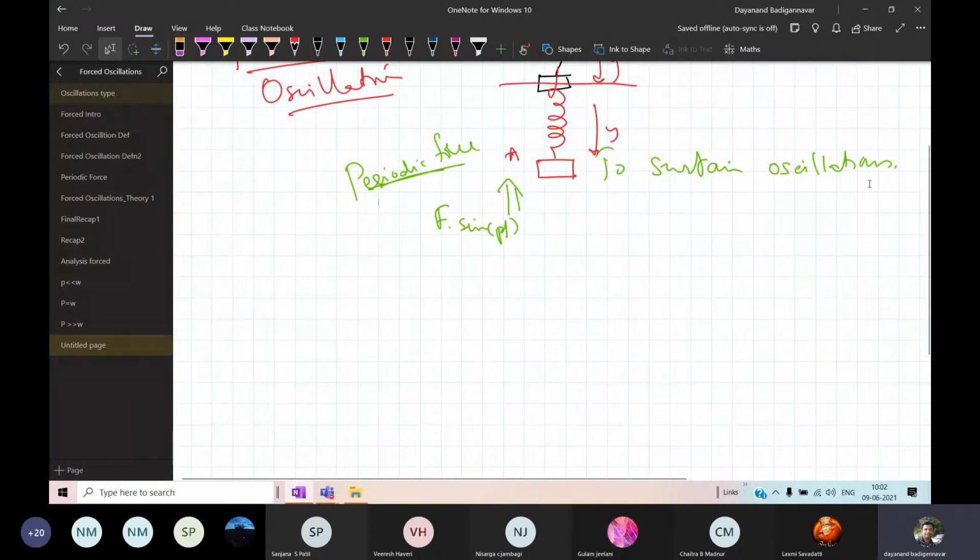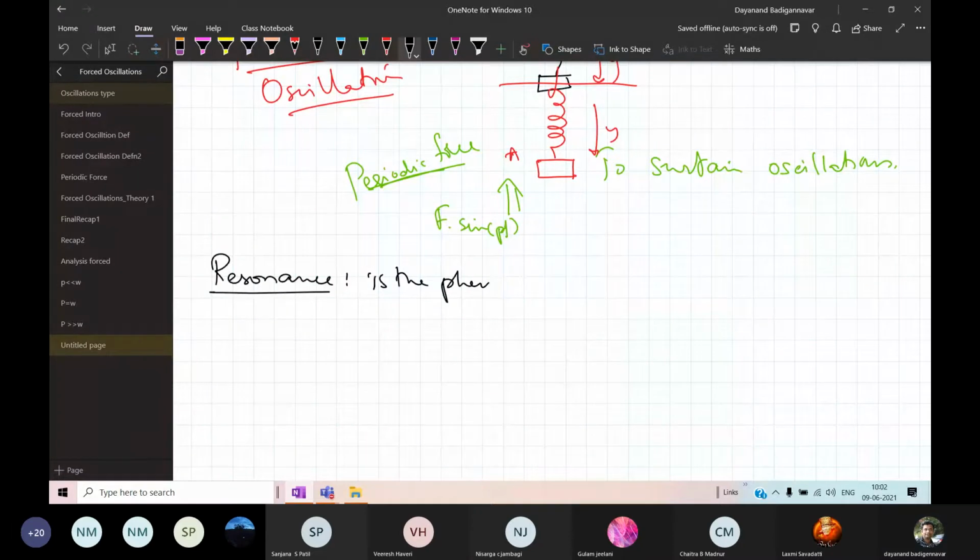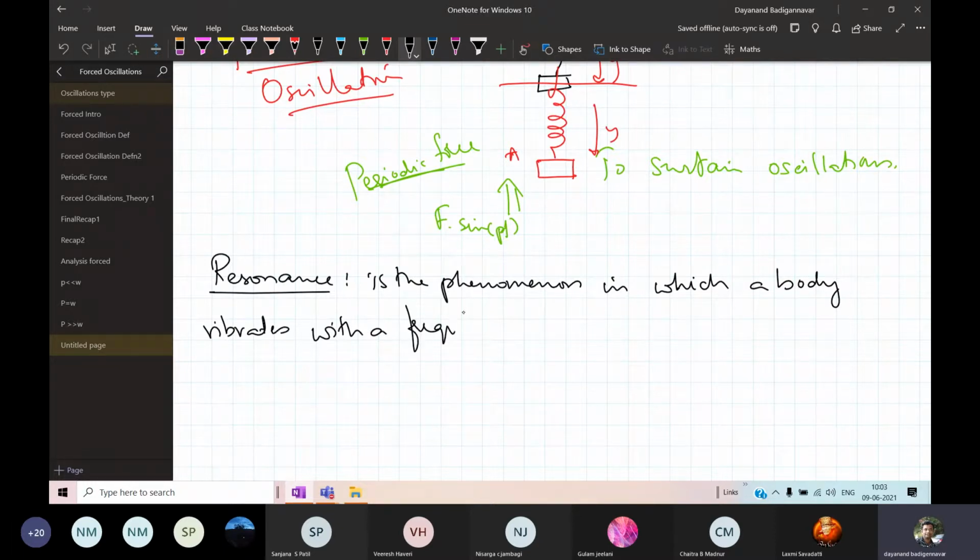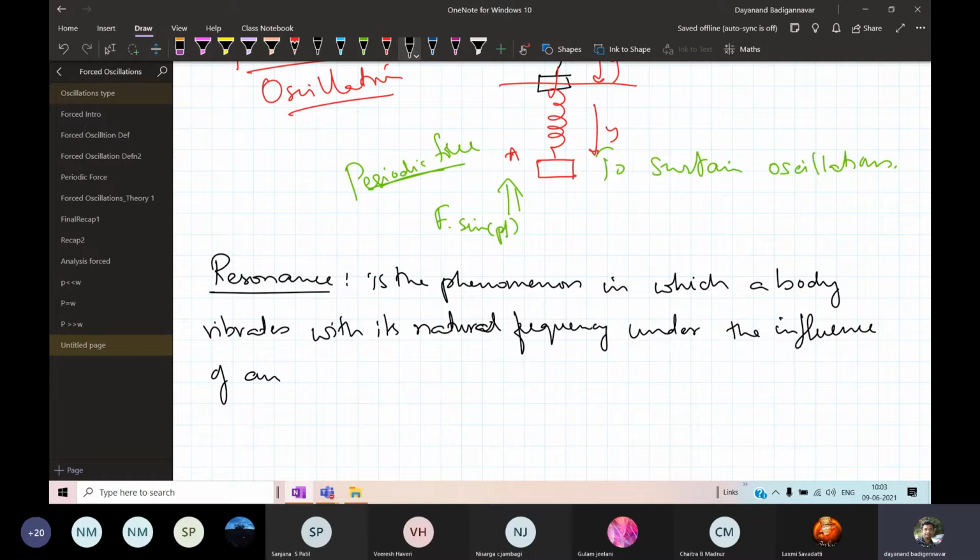Resonance means it's a phenomenon in which the frequency of application of the force is the phenomenon in which a body vibrates with its natural frequency under the influence of another vibrating body.